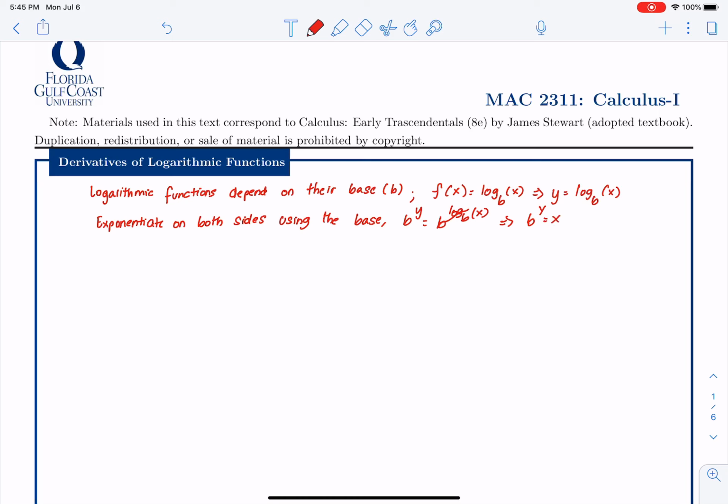So those two are related. They are equivalent expressions. So one is in the exponential form, the other is in the logarithmic form.